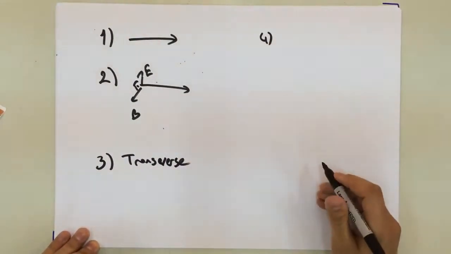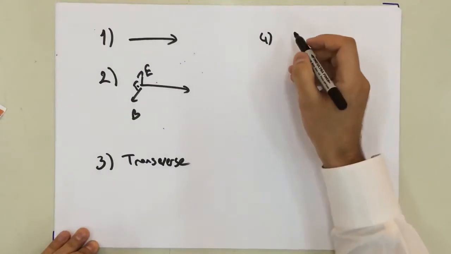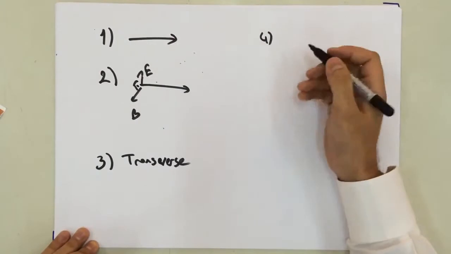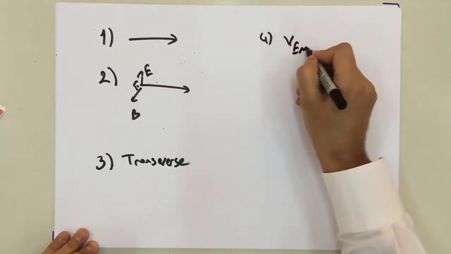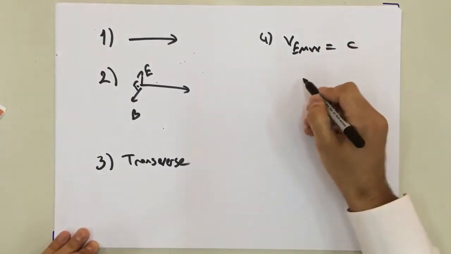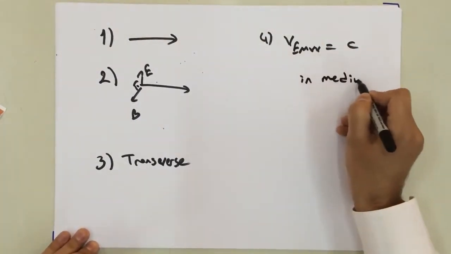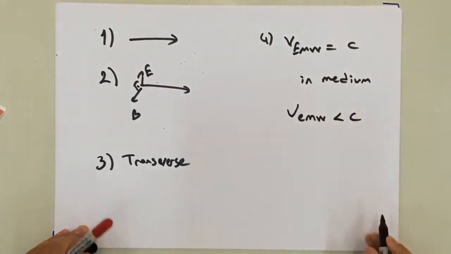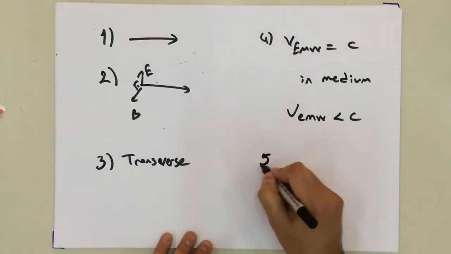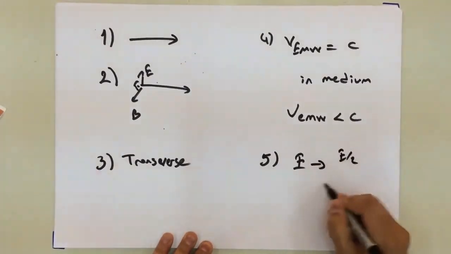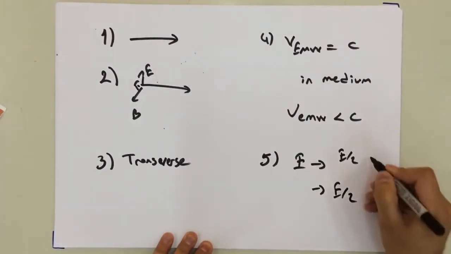The fourth one is the speed of them equals the speed of light in vacuum. In a medium, their speed decreases if they travel in a medium. And the last one is energy is distributed between electric and magnetic field equally.